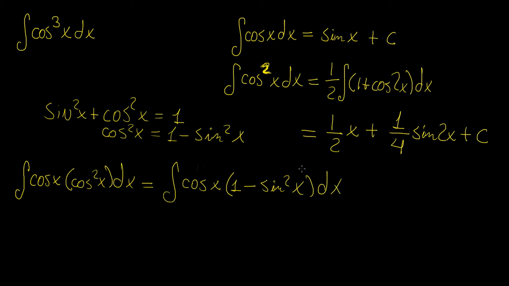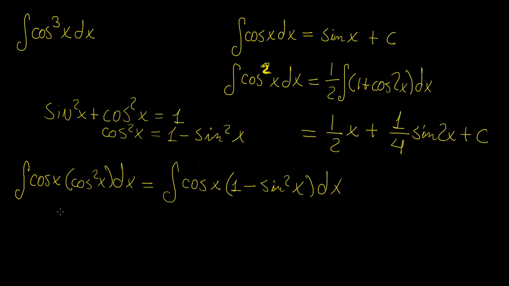Alright, so the reason I decided to do this substitution is because we have a product of two different functions. Now, if we want to use the method of substitution, then the derivative of one of these functions needs to be equal to the other function. So in this case, it makes more sense to perform the substitution here because it is the more difficult function. We know how to integrate this, but we don't know how to integrate this, at least not in a simple way.